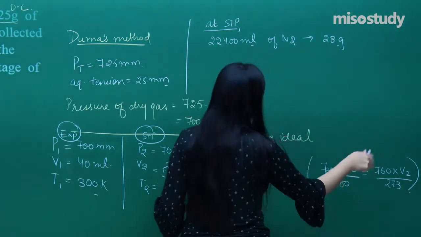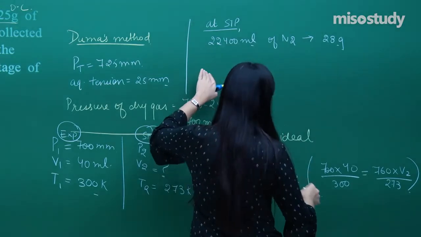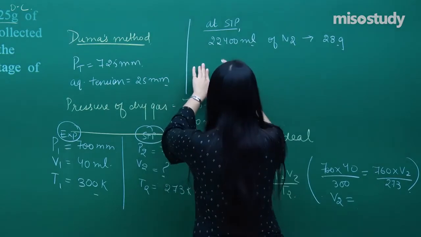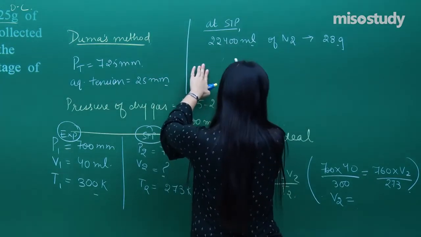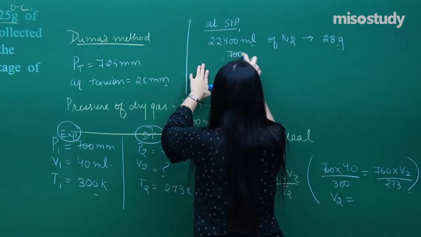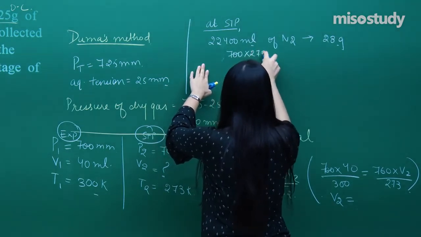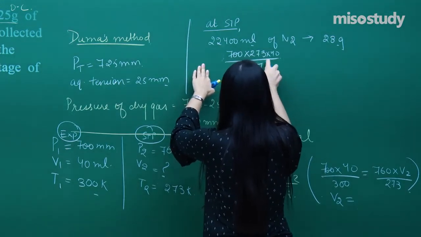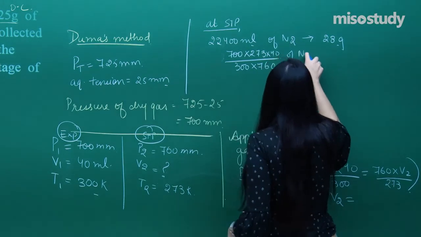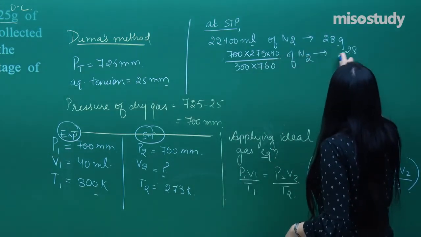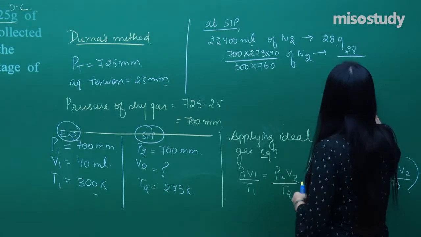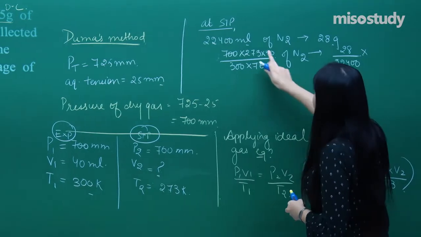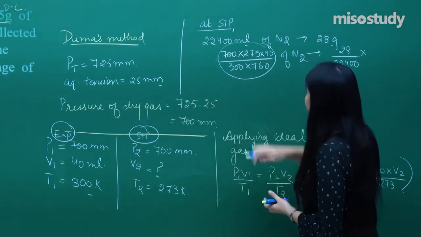So the volume V2 equals 700 into 273 into 40 divided by 300 into 760 of N2 will be corresponding to 28 divided by 22,400 into this entire value, right?